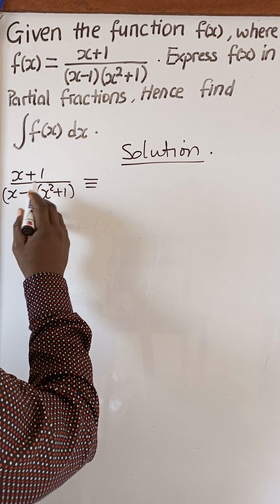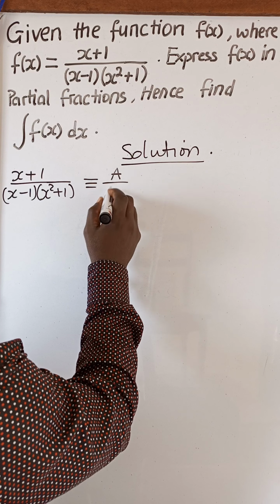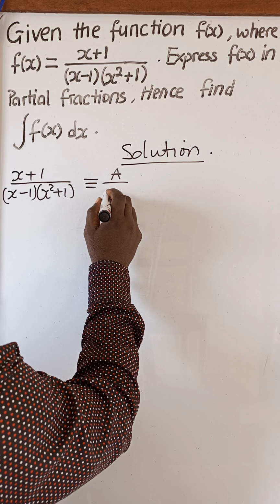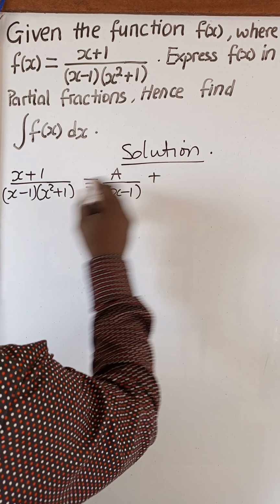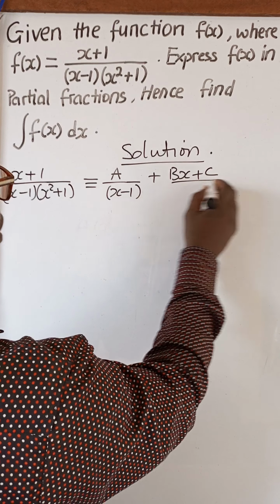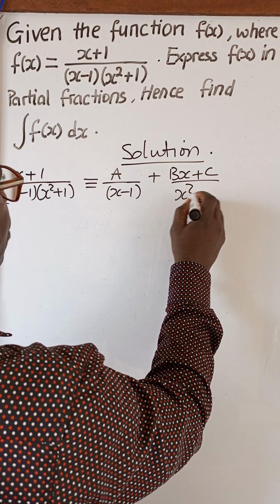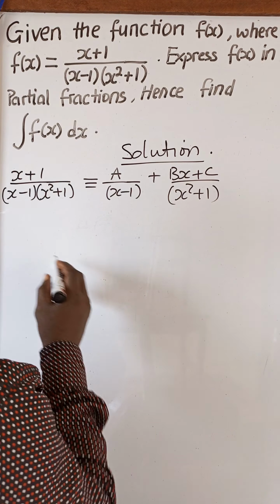And so to express this as a sum of partial fractions, the method is to write a all over the simple linear factor, and then for the non-reducible one, we write it in the form bx plus c all over x squared plus 1. Okay, how do we know this is non-reducible?